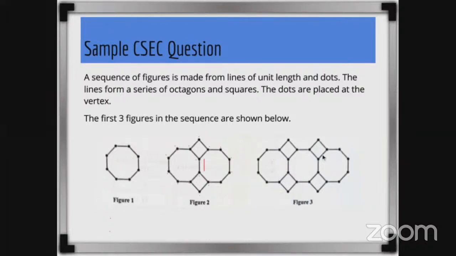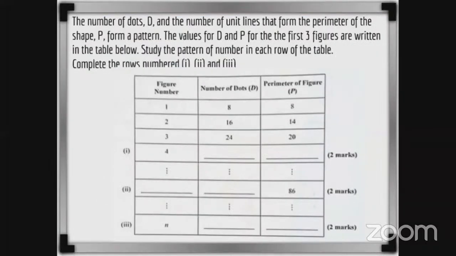How many dots more should be added each time? Let us look at the table. For figure 3, how many more dots are added? 24 subtract 16 gives us what? 8.